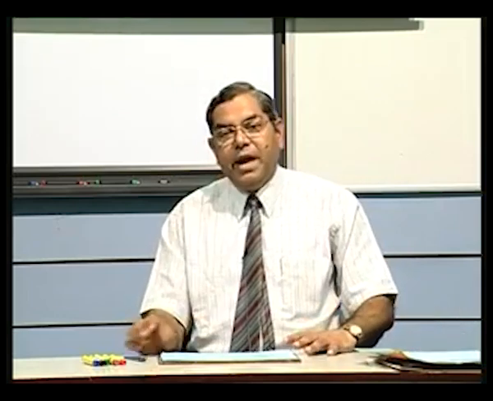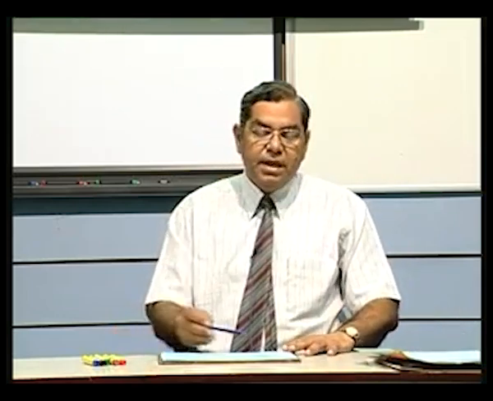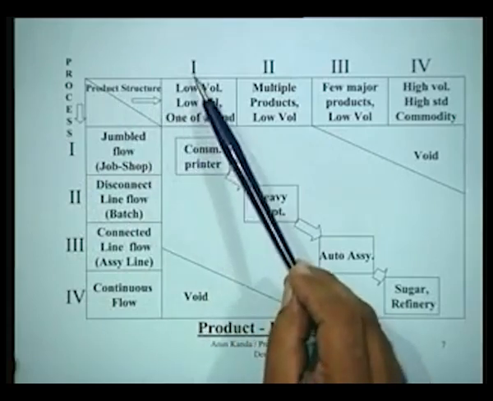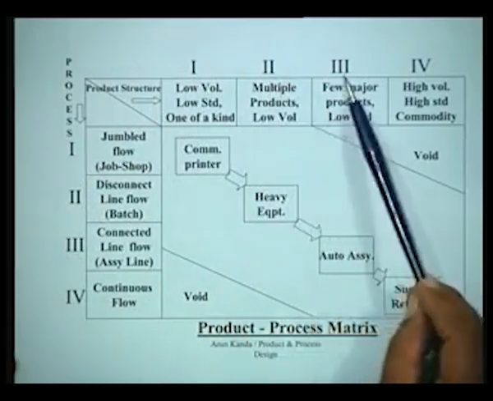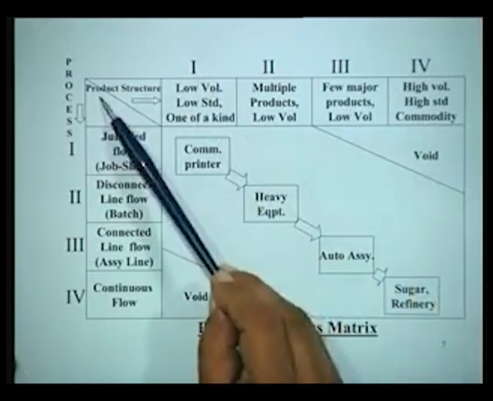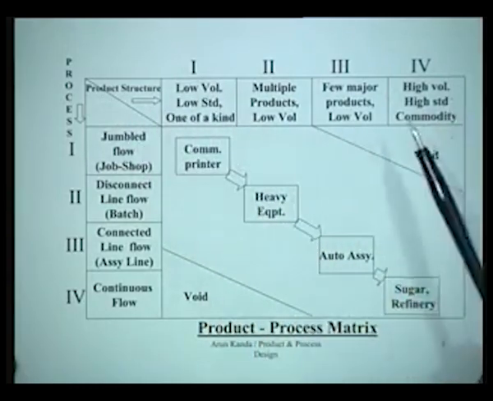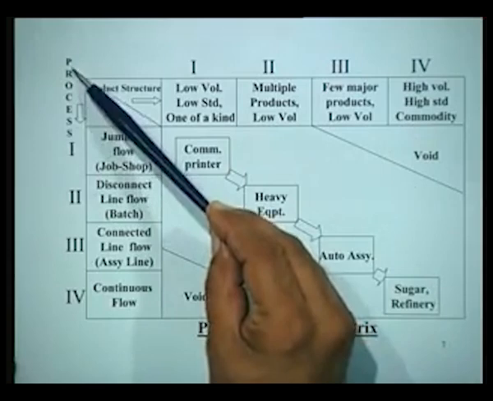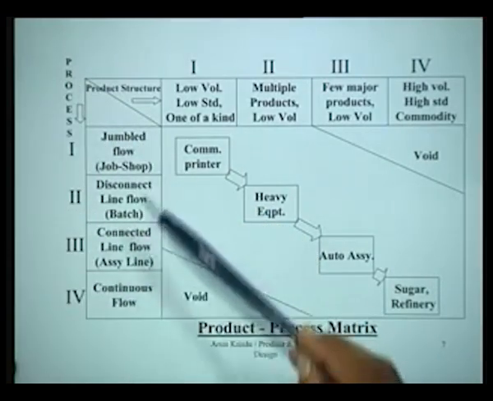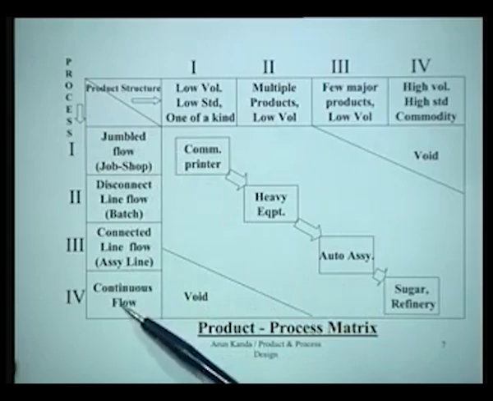Let's now look at the interaction between the product structure, which is during the 4 stages of the life of the product cycle, right? We are talking about the product structure on this axis, and we are talking about the corresponding processes 1, 2, 3, 4, which are characterized by these features.